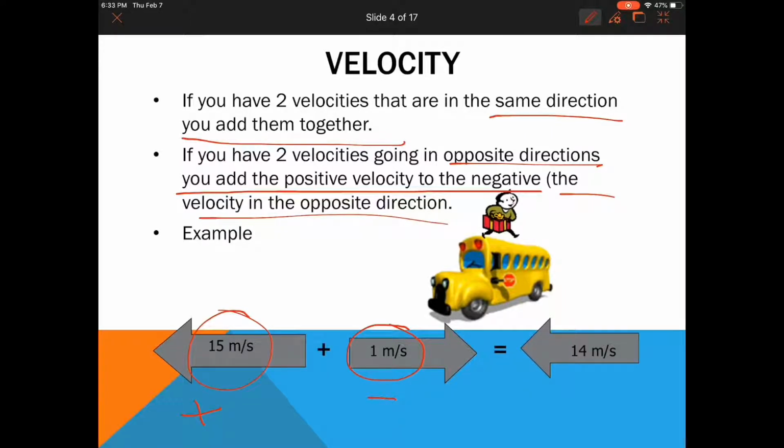So then after we add those together, we've got an overall velocity of 14 meters per second to the left. So this is what we did. We did 15 plus negative 1. Or you could do 15 minus 1.